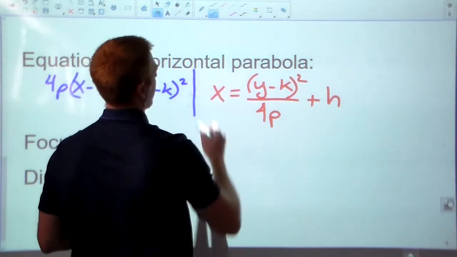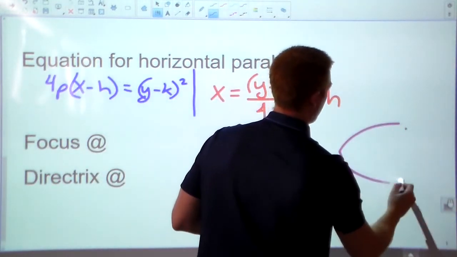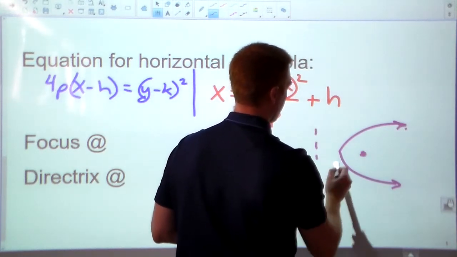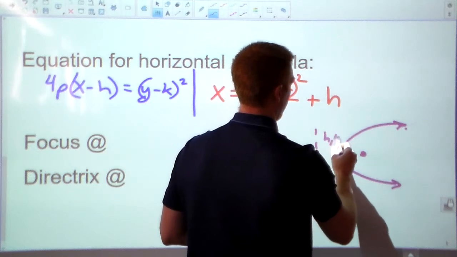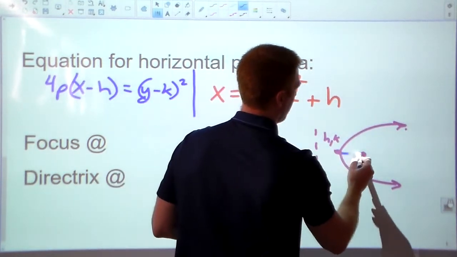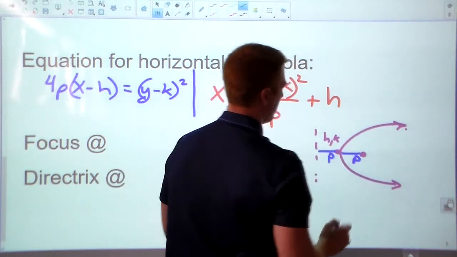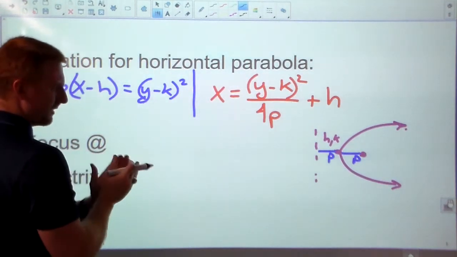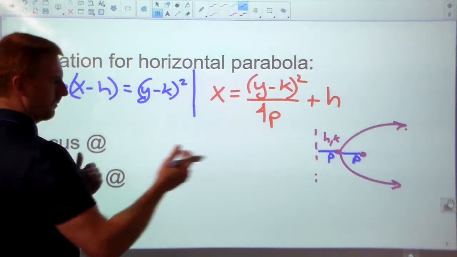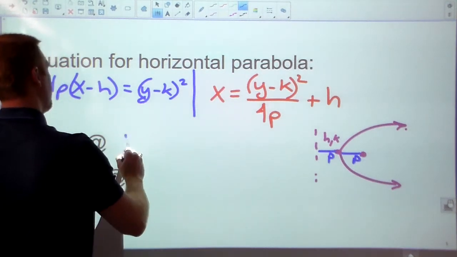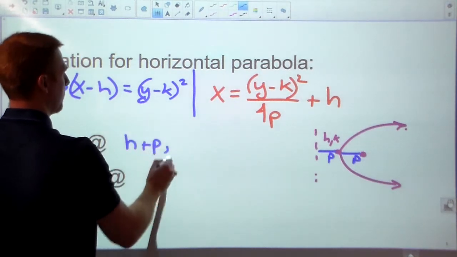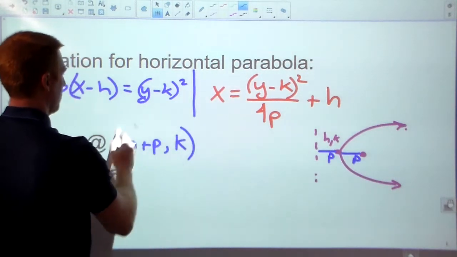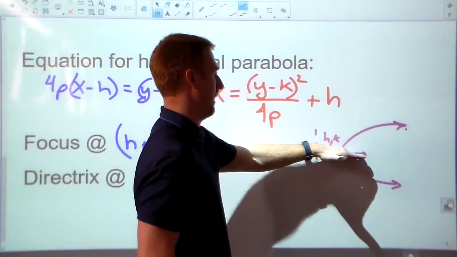All right, just to make a quick sketch here. It's sideways, the focus is inside the parabola, directrix is behind it. Still (h, k), and we're still looking to be p away for the focus and the directrix. So with the focus, this time you're changing the horizontal value, so it's h plus p, but your k value, your y value is still going to be the same, because you're not moving up or down to get to the focus.